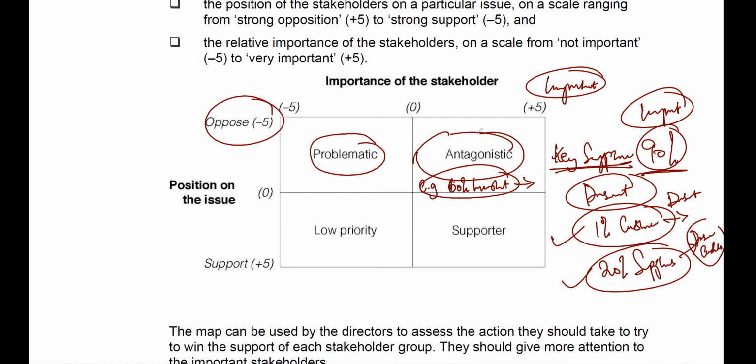But I think we'll put him at antagonistic. Why? Probably because we are benefiting from him, but he's requiring what we cannot grant. Okay, that's fine.